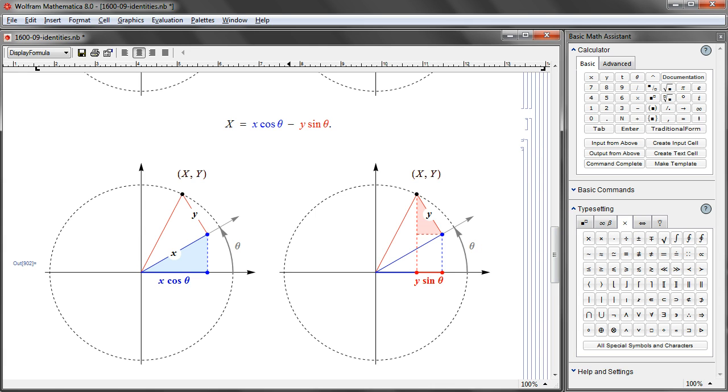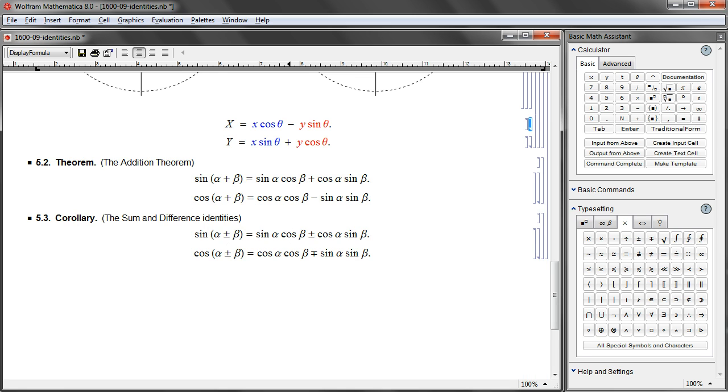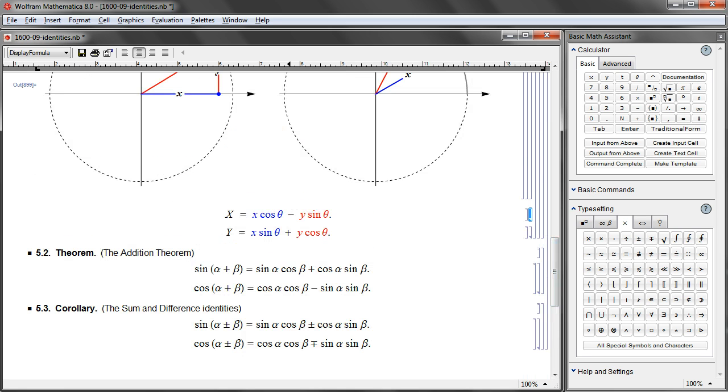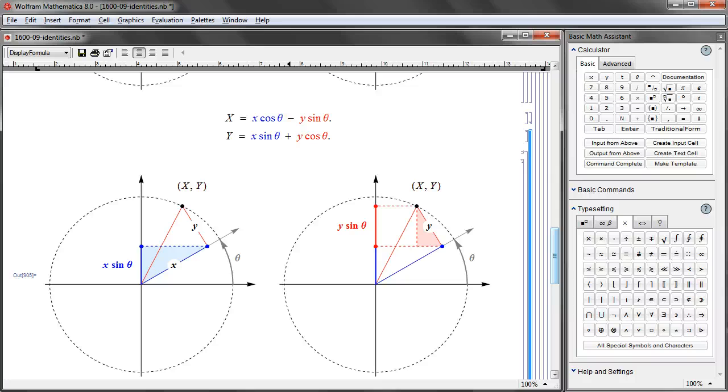We can do something similar for the y coordinate, capital Y. Here we go. We are looking for capital Y. This time, let's draw a horizontal line from this blue intermediate point and get this blue triangle. From this blue right triangle, you can see vertical is x sine of theta because x is the hypotenuse.